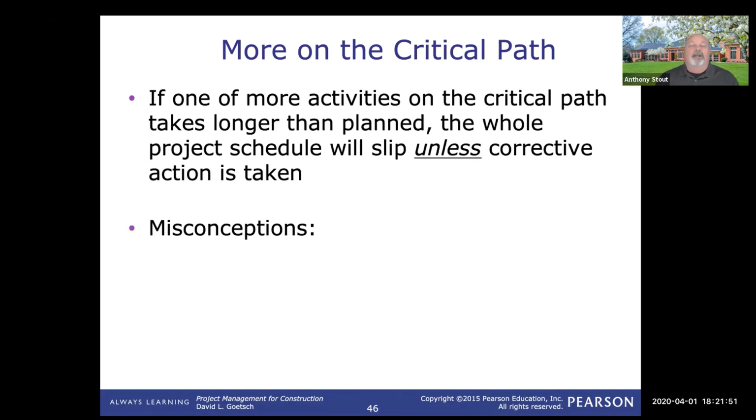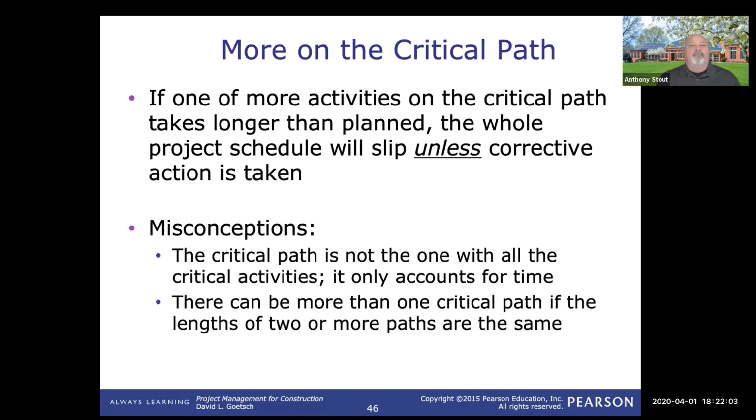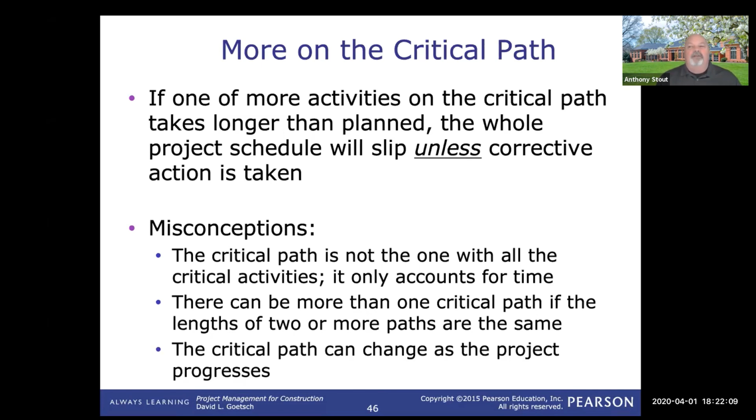So when we look at this, critical path is not always the only critical activities. It just looks at time. And you can have more than one critical path if they're both the same. The critical path can also change if durations change in some of the other paths.